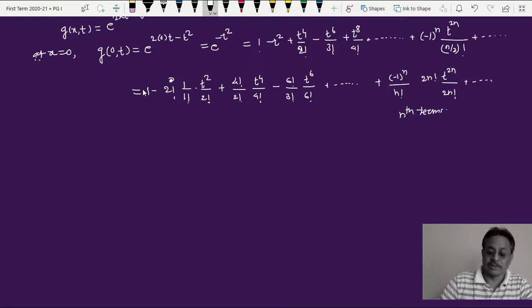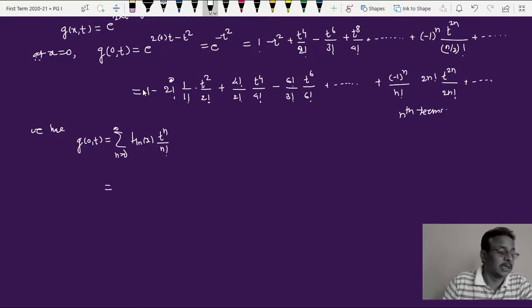And remember, as per our knowledge, g of 0, t is equal to the summation over n equal to 0 to infinity of Hn of x into t raised to n upon n factorial.